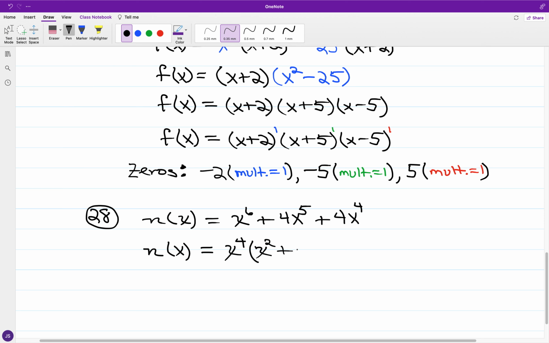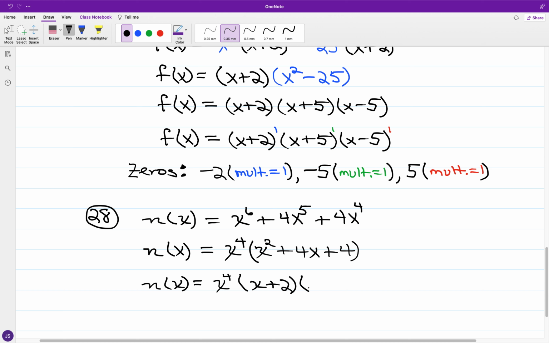X to the 4th into 4 times x to the 5th is going to be 4x. And we have x to the 4th into 4x to the 4th will go 4 times. And we can continue factoring. So you have x to the 4th times x squared plus 4x plus 4.